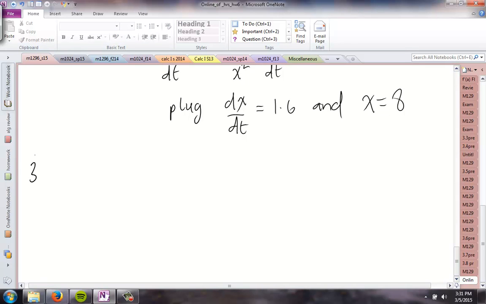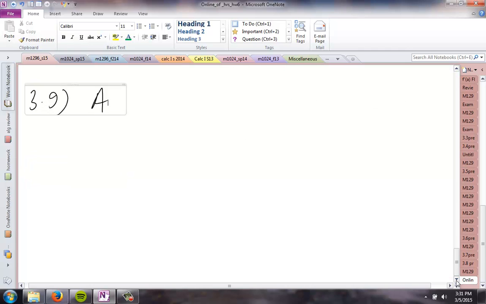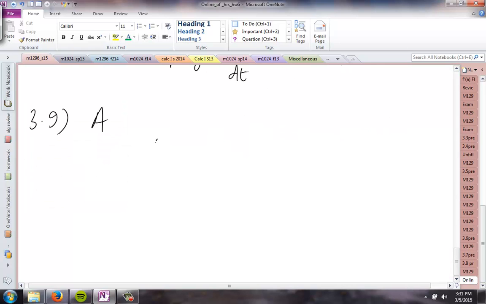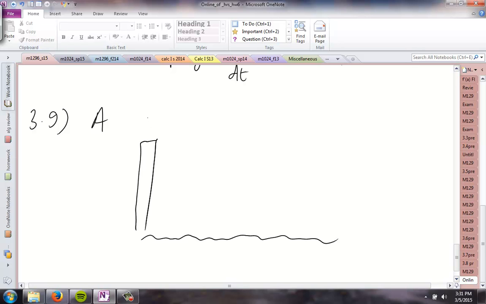So this is 39a. So we have a fisherman sitting on, right, so somebody's fishing on top here, right there.